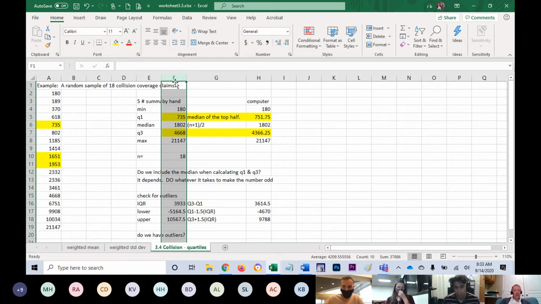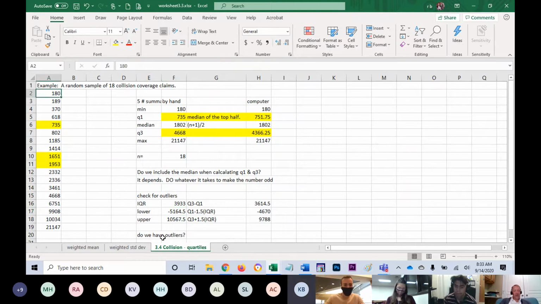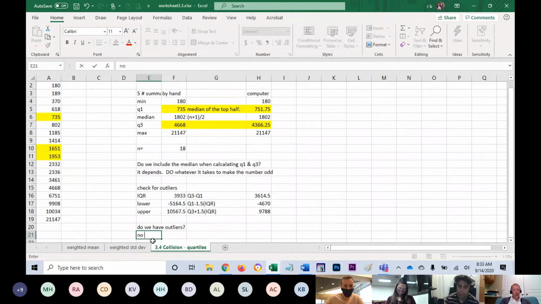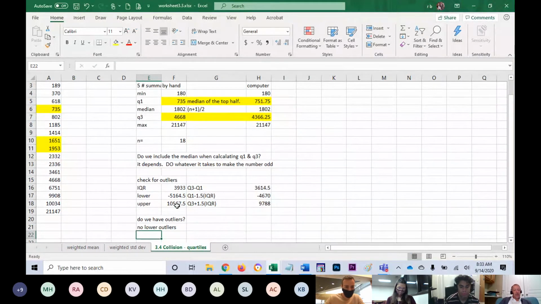Okay, so we're using the numbers by hand. Okay, my bad, you were looking at the wrong numbers there. So we don't have any numbers that are less than negative 5,000. So there's no lower outliers. But if we use this as our fence and we say anything bigger than 10,567, do we have upper outliers?